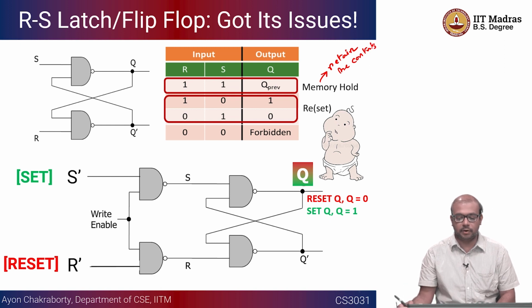After that, we also saw that depending on the value of S and R, if S equal to 0, R equal to 1, that can reset the circuit. If R equal to 0, S equal to 1, that is 0.